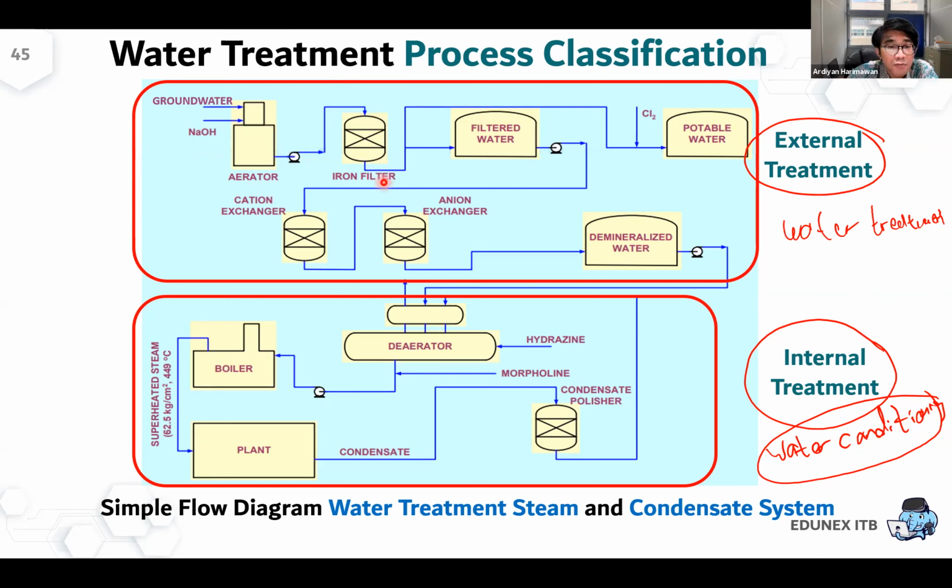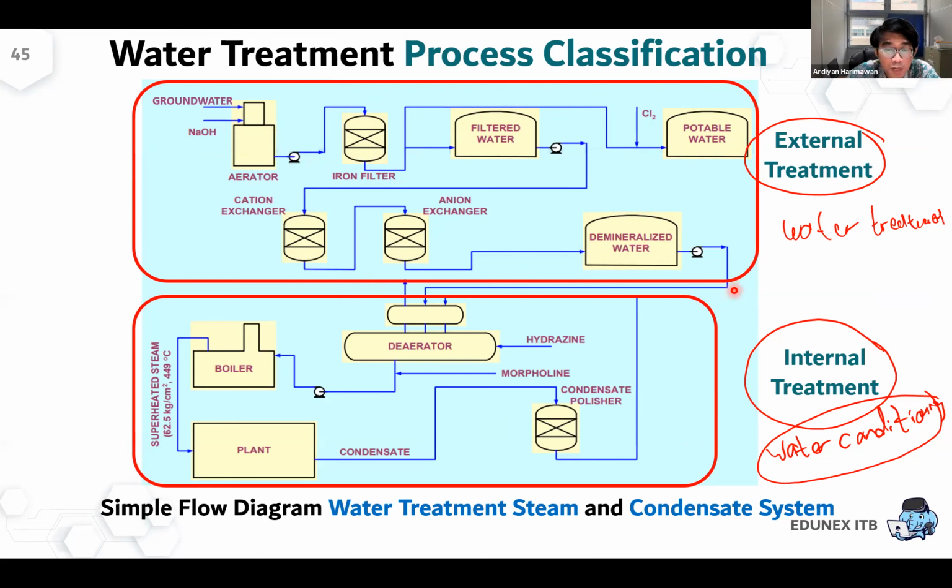After you filter the water, you can use it directly as potable water by adding chlorine. If you want to use the water for the boiler, then you have to make it into demineralized water, so all the minerals should be gone. Then you do the cation anion exchanger.